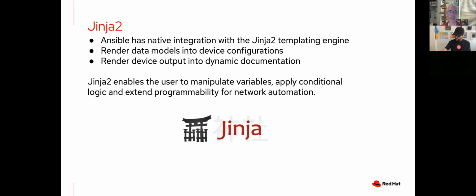We'll take a look at that, but essentially it provides you a way to build out a skeleton file that has code and variables in it. Whenever you run the template module, it takes the variables and the template and renders that into a device-specific configuration file. Then we can pass that off to the device to actually do the configuration.